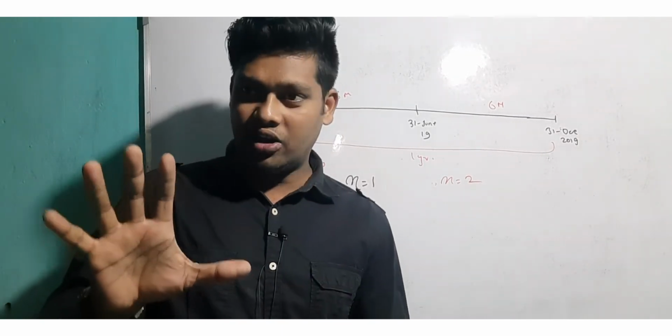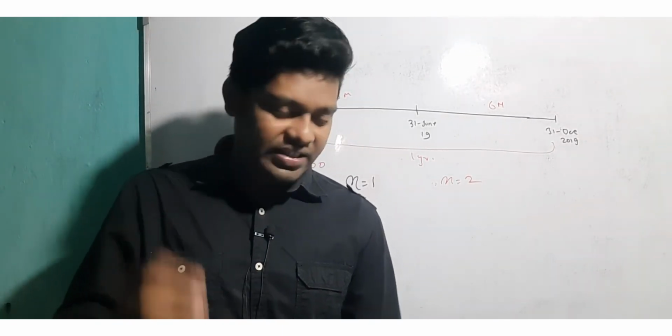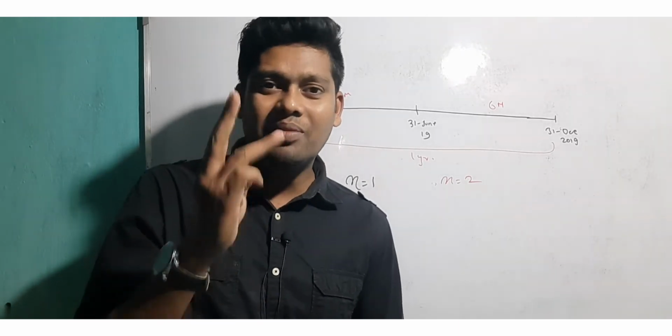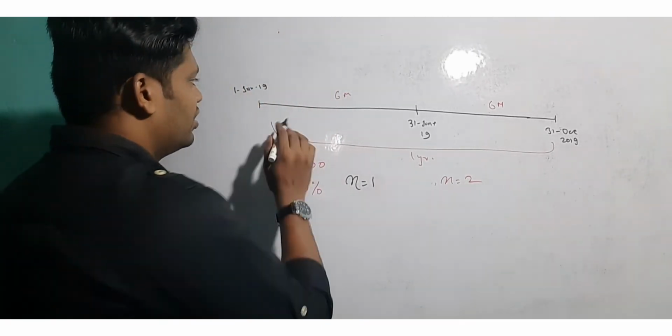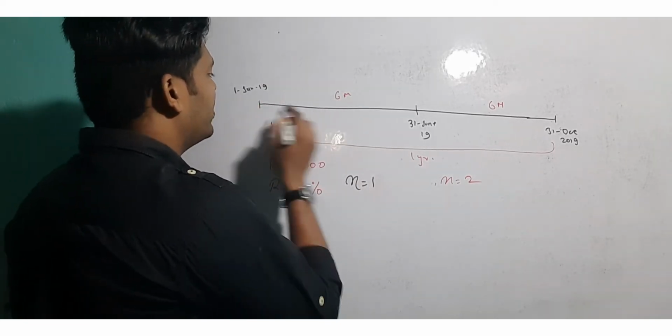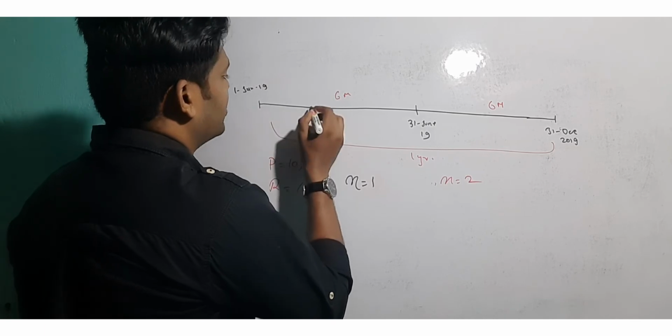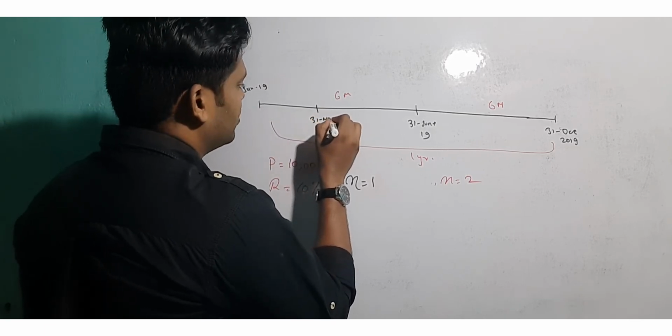Clear? Understood? In case they say in 1 year that it is quarterly, quarterly means 3 months. Understand this: 3 months means January, February, March, so 31st March.